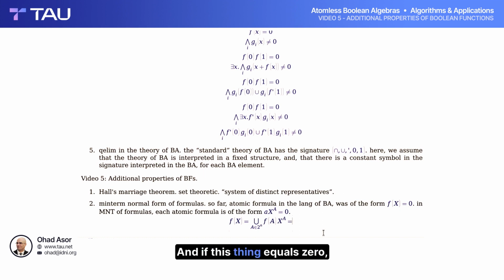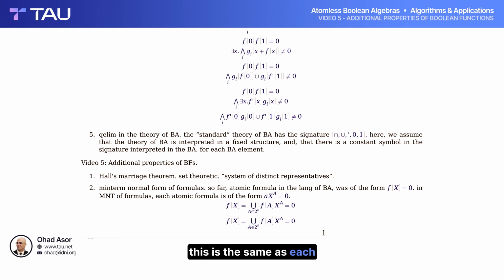And if this thing equals 0, this is the same as each minterm equals 0. So here I write a logical conjunction. So we get conjunction of atomic formulas in this form. And therefore, it is enough to consider a system of equations where each equation has this form or the negation of this form by converting the formula to minterm normal form.